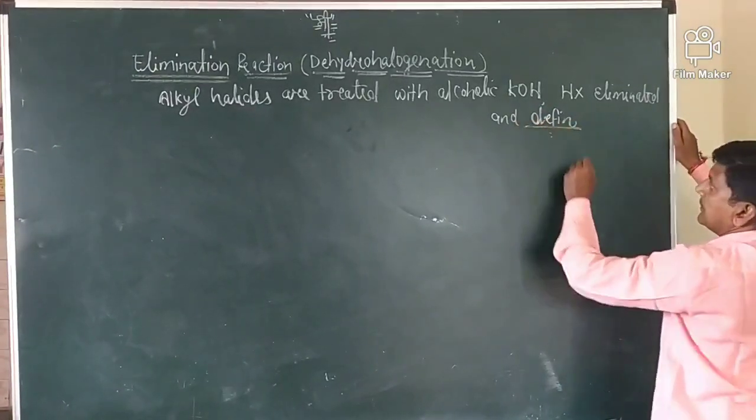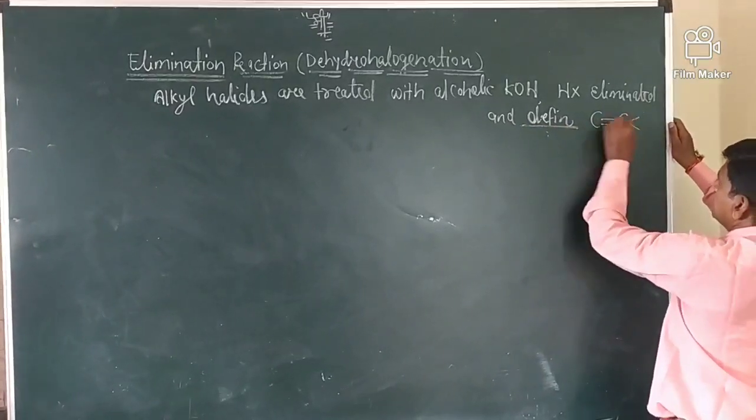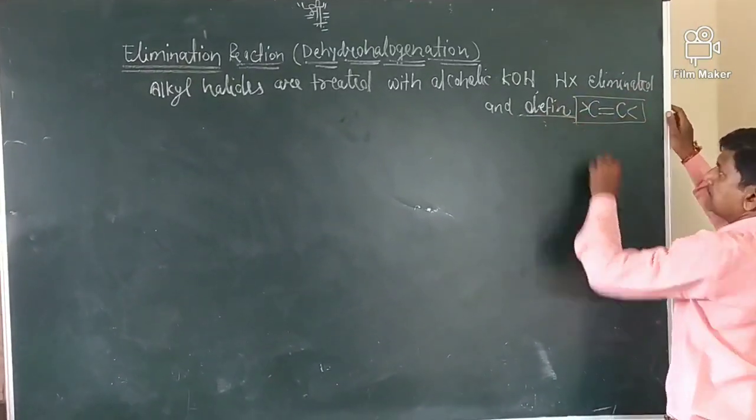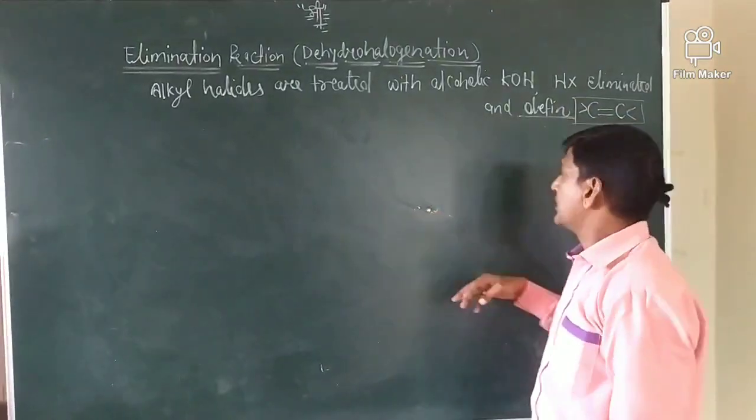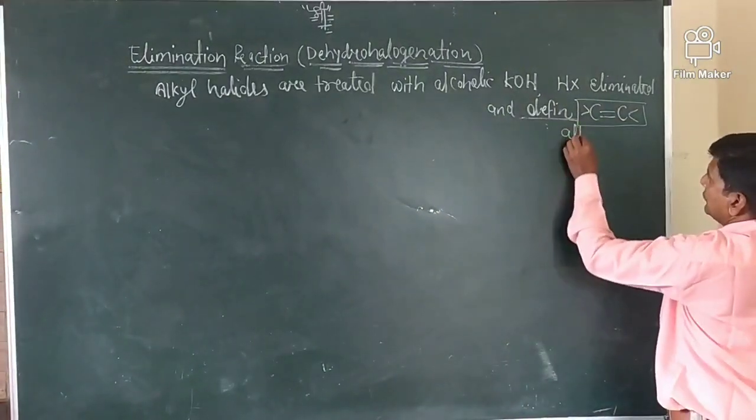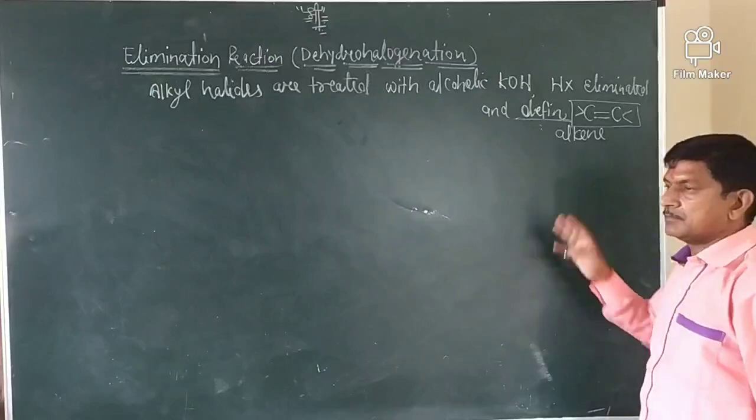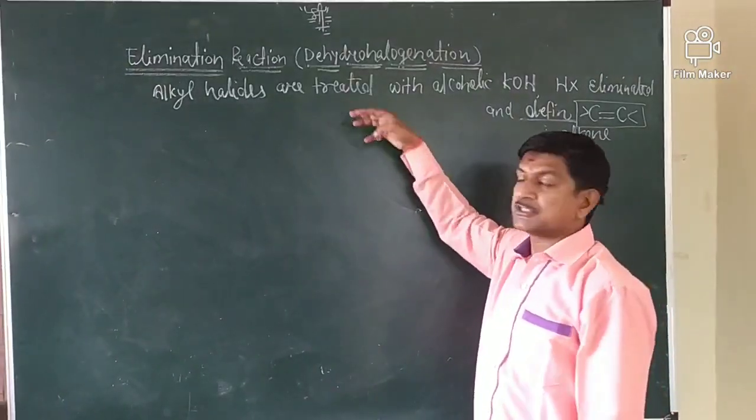Olefin means a double bonded carbon atom, an unsaturated hydrocarbon. This is an alkene. Olefin means alkenes are formed. So this is known as elimination reaction.